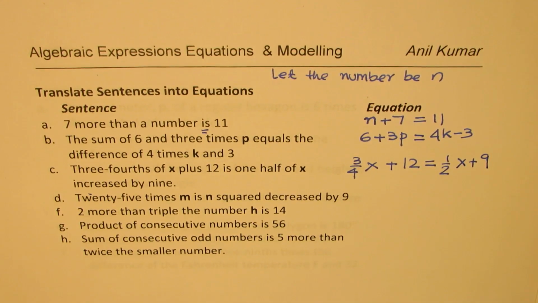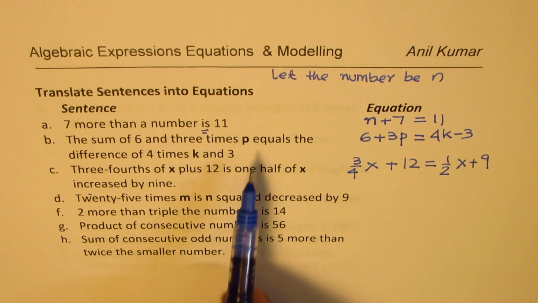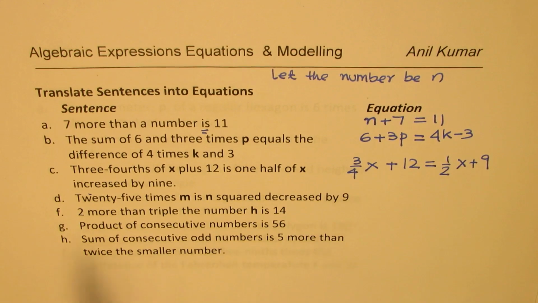So that is how literally we are going to translate a sentence into a mathematical open statement called an equation, where "is" and "equal to" mean the equal to sign.